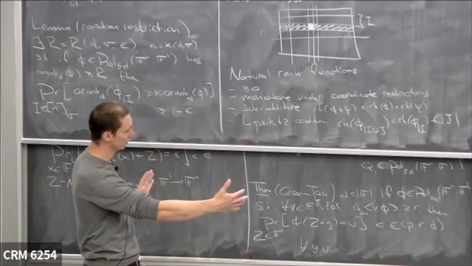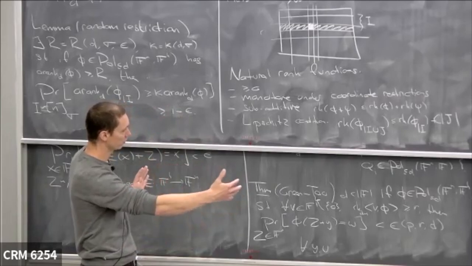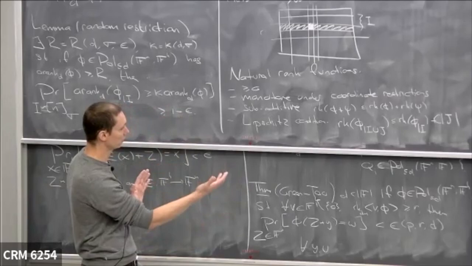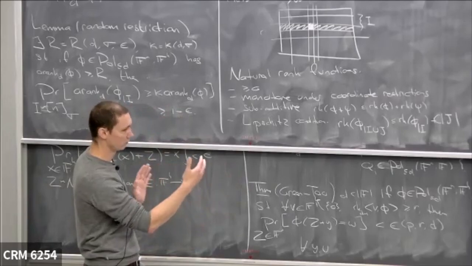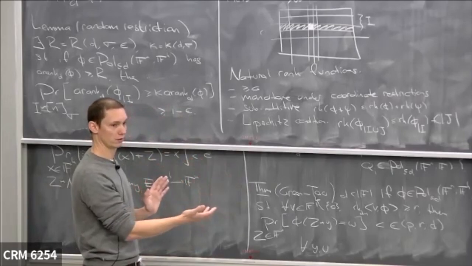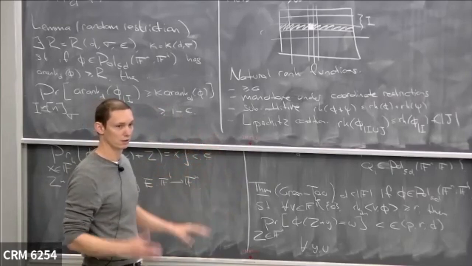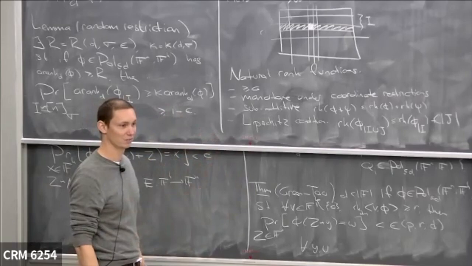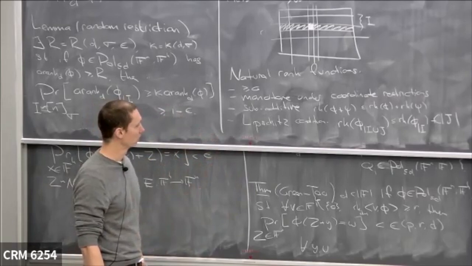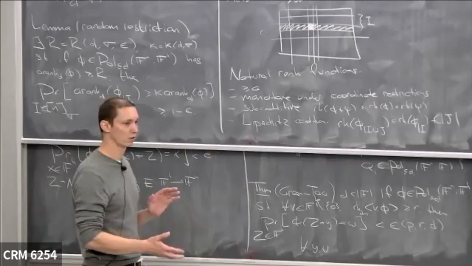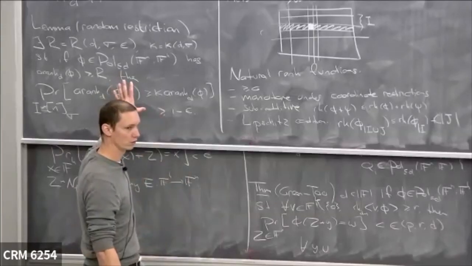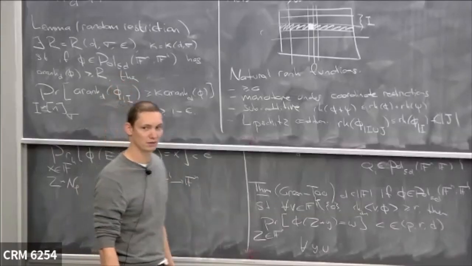Can you prove that there is such a restriction whose size is linear in R, such that the rank of this restriction is also at least linear in R? We don't know that for any of these functions. And Thomas has results going in this direction, but they're quantitatively not strong enough to prove what we want. So I'll leave it here. Thanks.